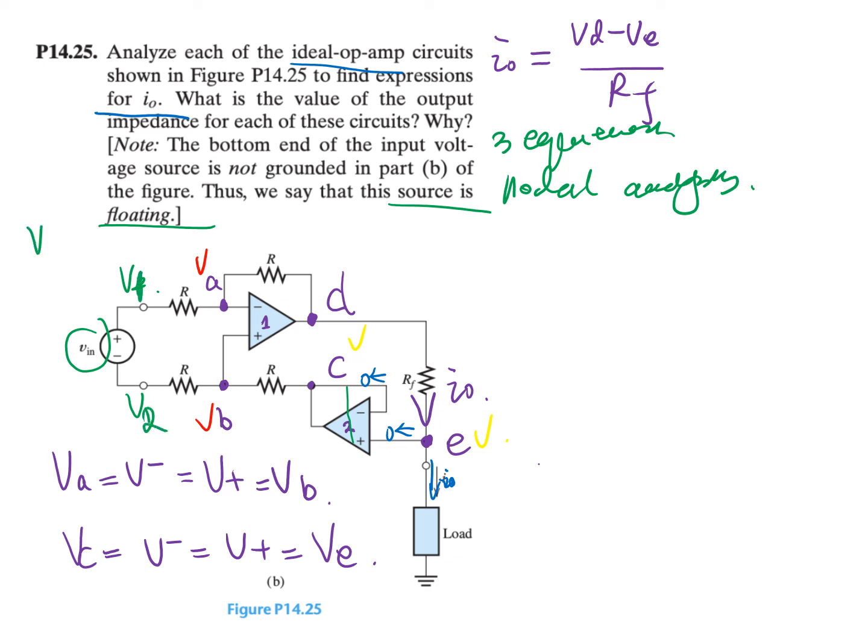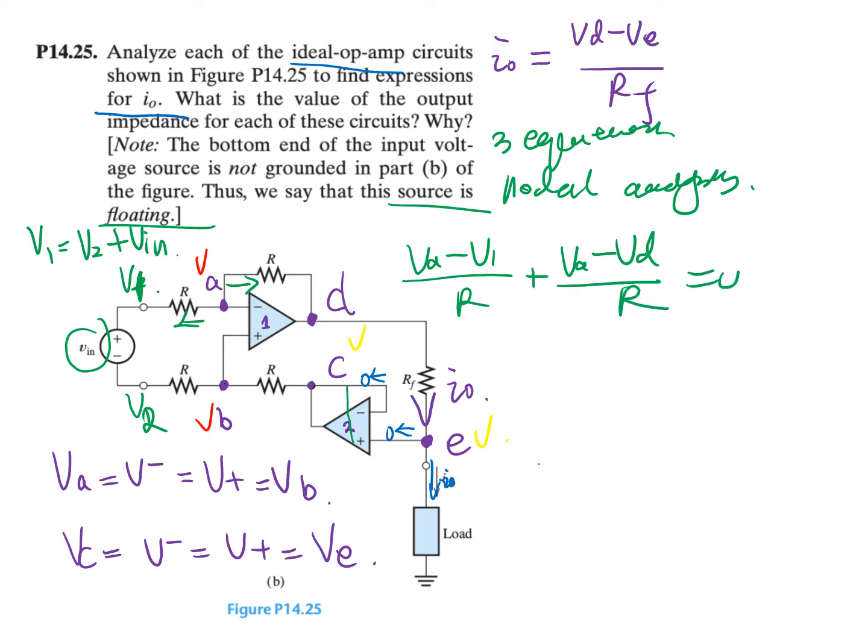We have V1 is equal to V2 plus Vin. And we can first write the KCL equation for node A. Assume all the currents leave that node. So we have VA minus V1 divided by R plus VA minus VD divided by R is equal to 0.